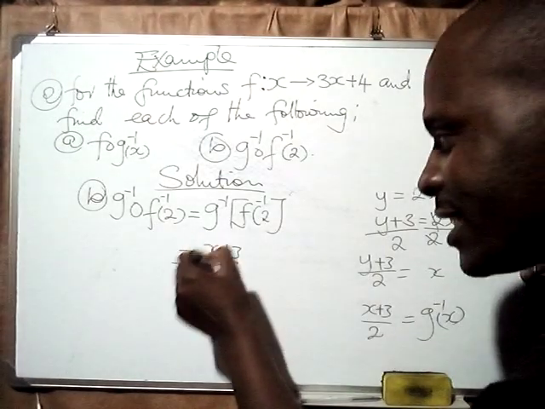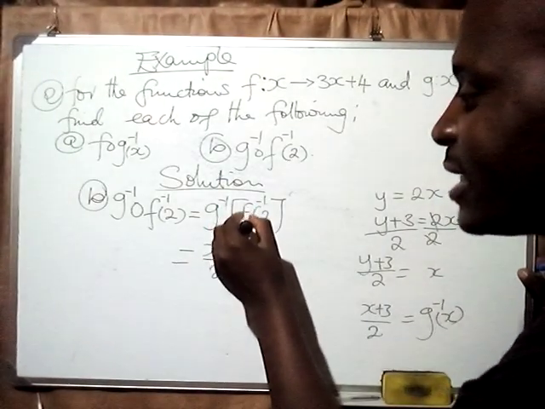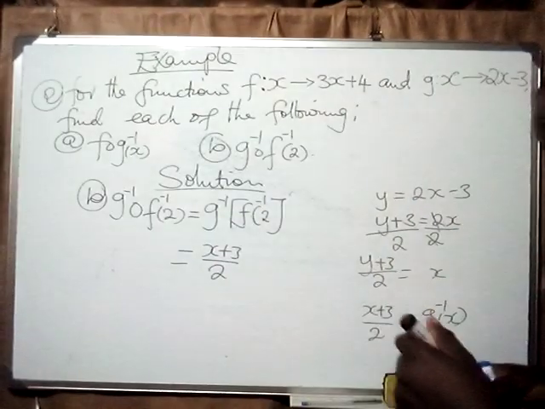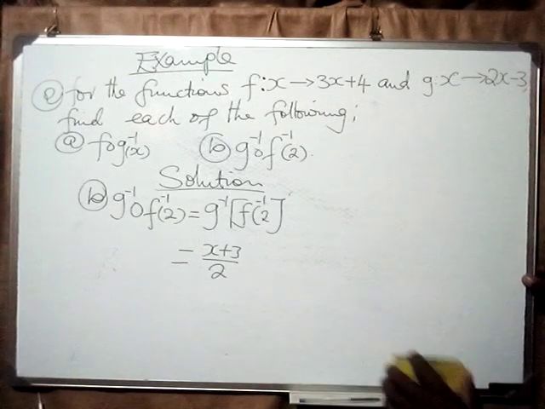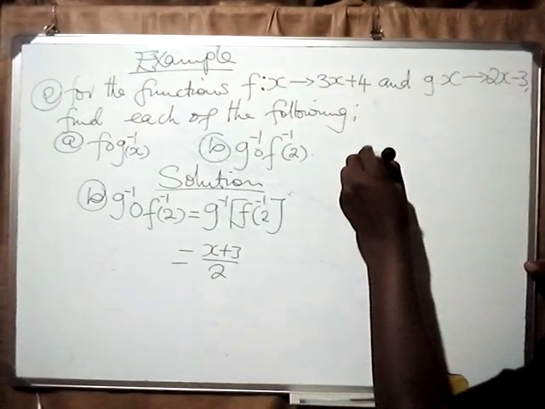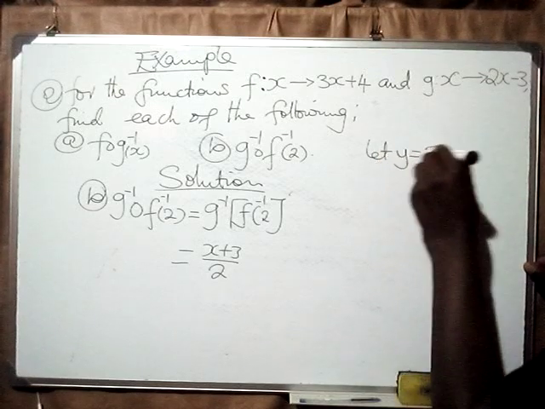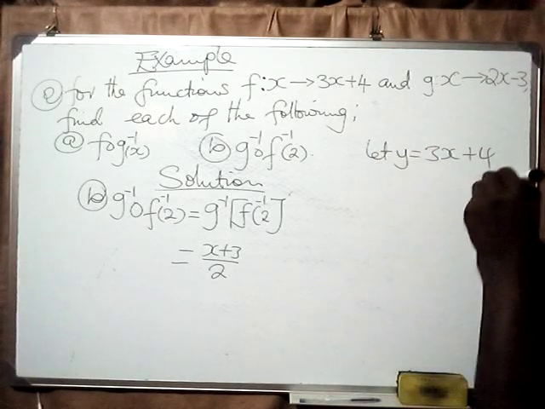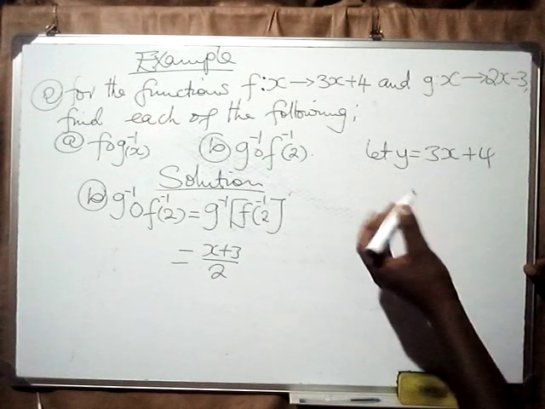Now, where there's x here, we are going to replace x with the inverse of f. Now, what is the inverse of the function of f? Let us try by saying, let y be 3x plus 4. So we are going to make x the subject of the formula.